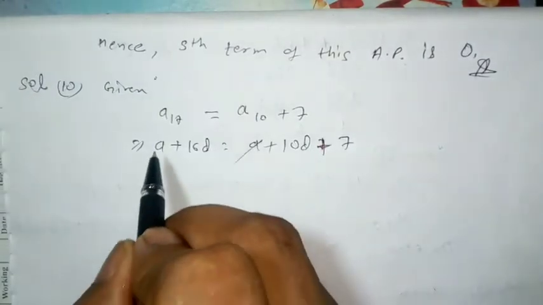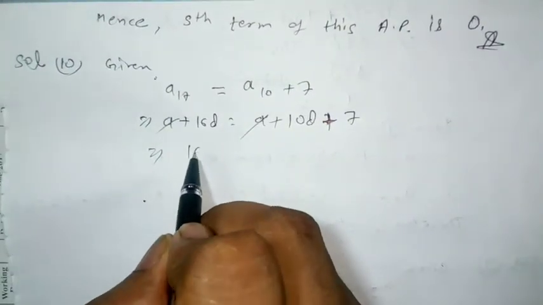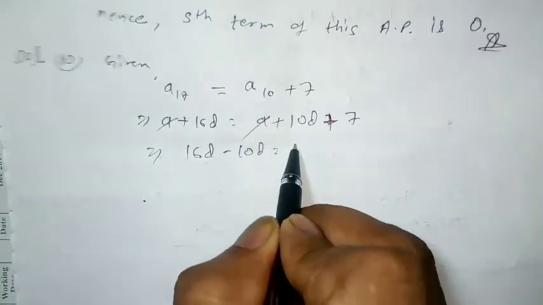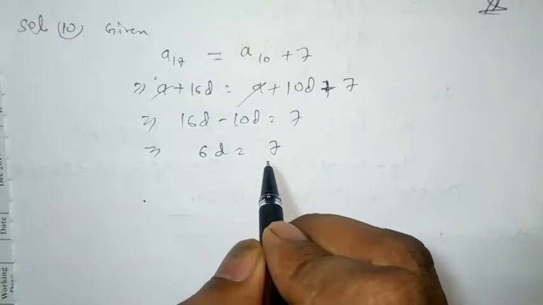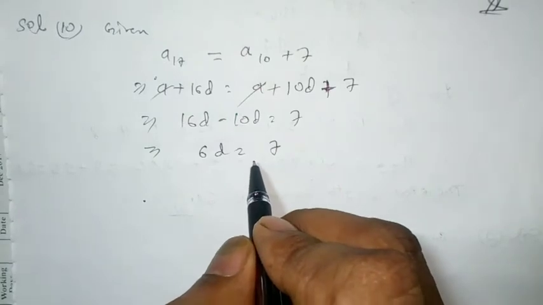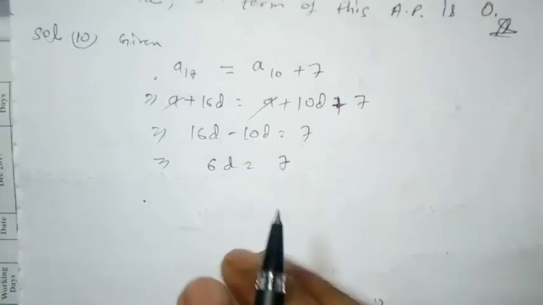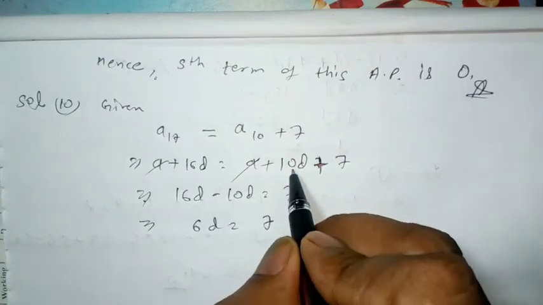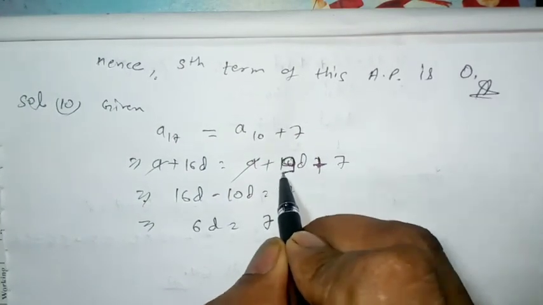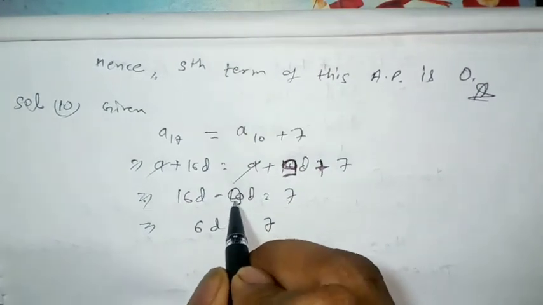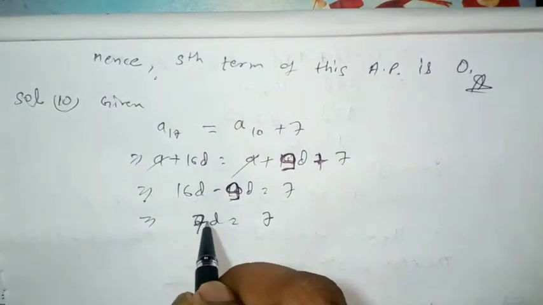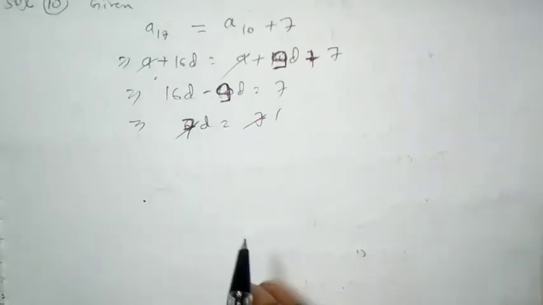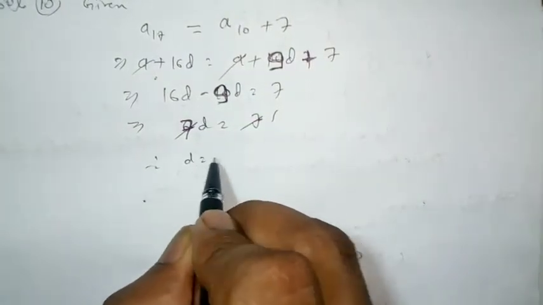A cancel, implies 16D minus 10D is equal to 7, implies 6D is equal to 7. Then here 6D, so 7D... 7 ones are 7, therefore D is equal to 1.